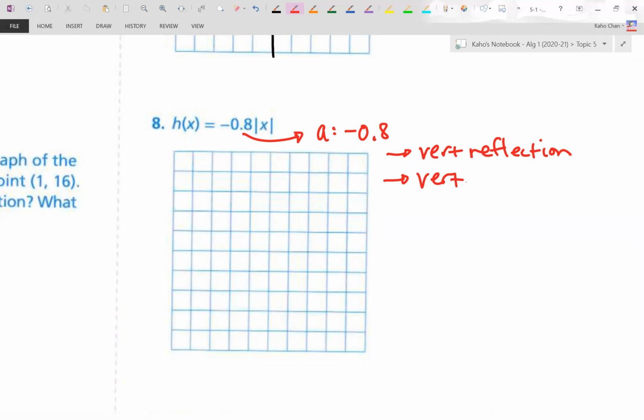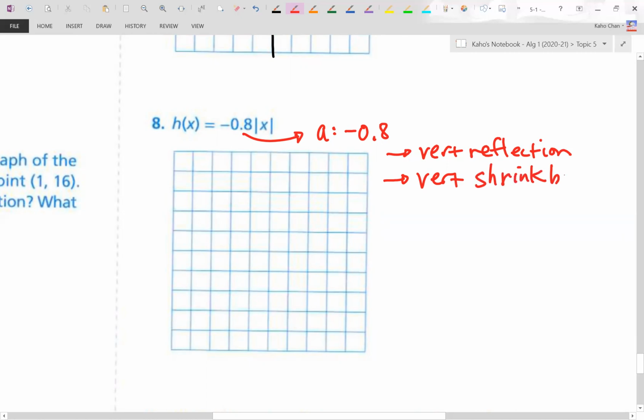It's basically 80% versus 100%. 80% makes it small. This is the vertical shrink by 0.8. Think of it as 80% of the original, yeah? Let's go through the motions of applying these particular transformations.